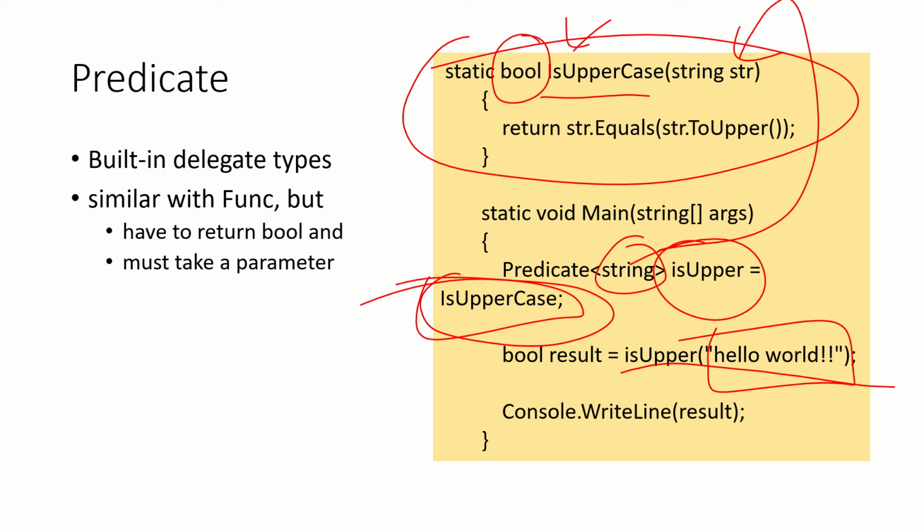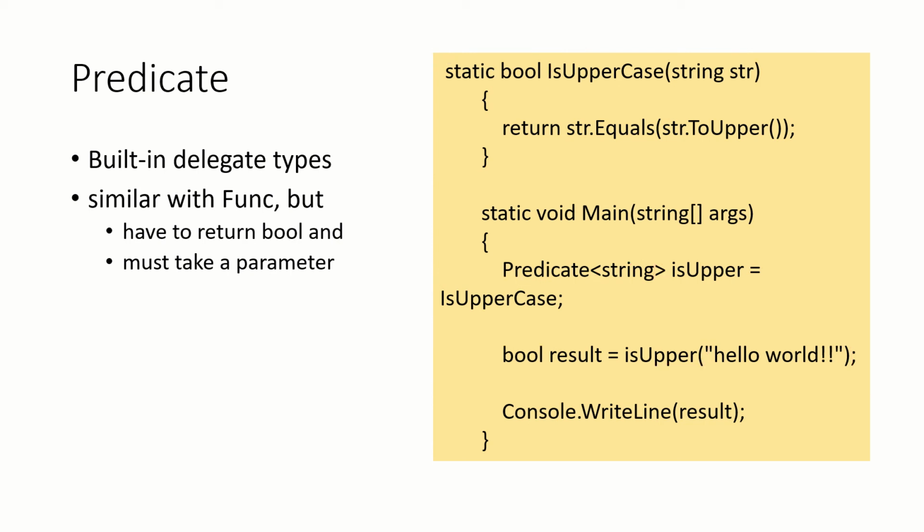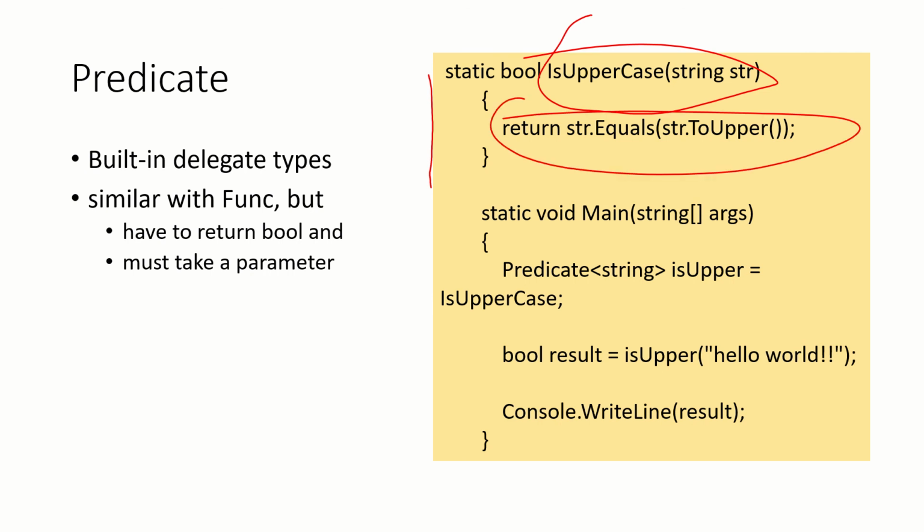So is there any idea for this example? For example, if I have another method which can help you determine is uppercase, we can use the same delegate but a different method body.